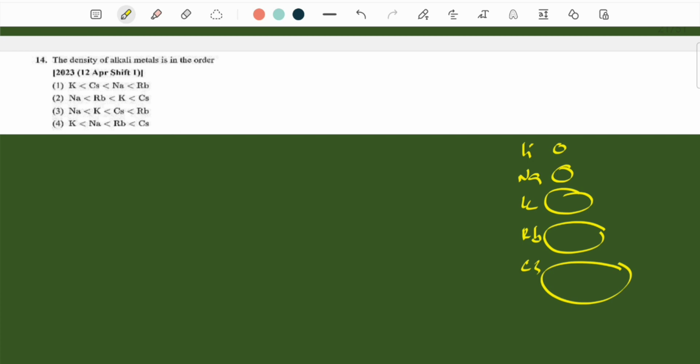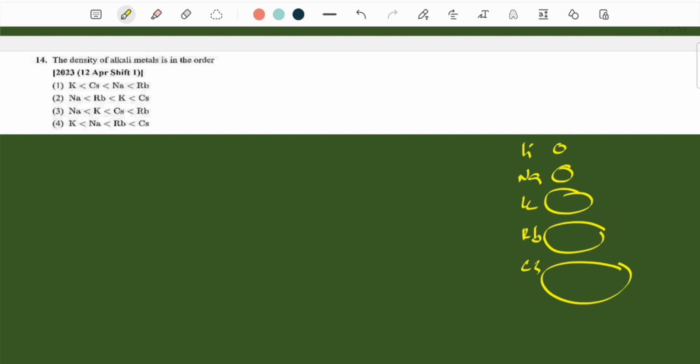The number of electrons and protons increases, but the increase in mass is greater than the increase in volume. So the density, which is defined as mass per unit volume, generally increases.